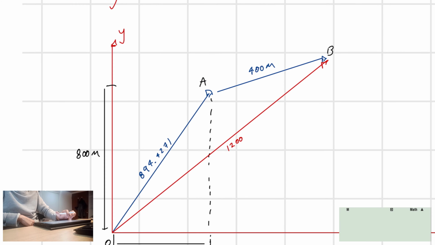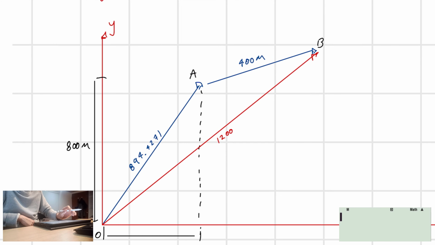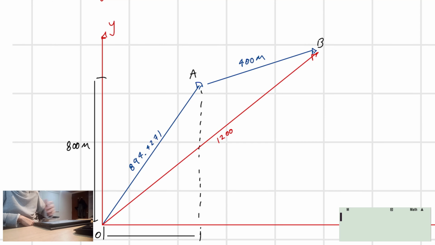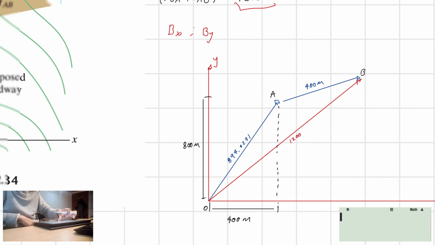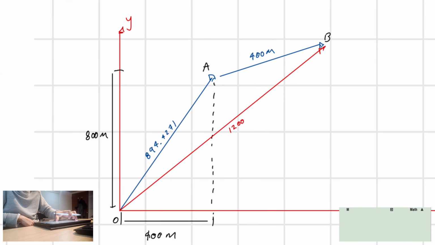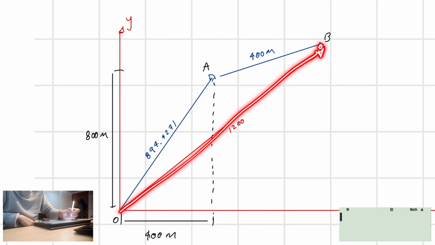Now, it is easier if we determine these vector coordinates, right? It is the same thing as doing this, because the exercise is asking for the coordinates of B, right? Now, for the vector RAB, the endpoint is the same one as this one.